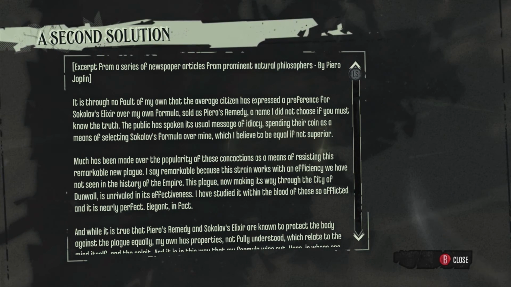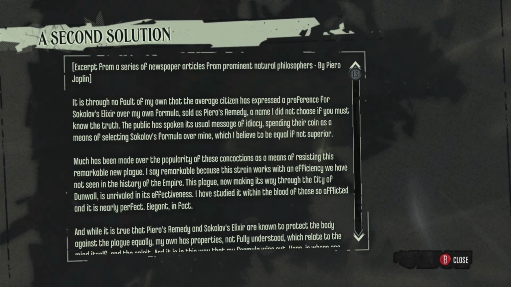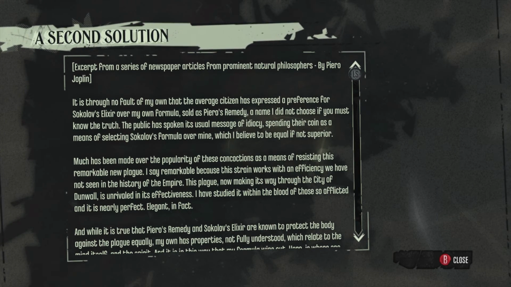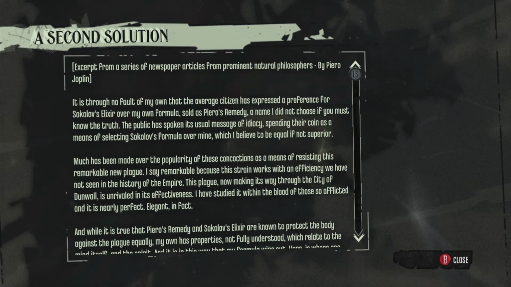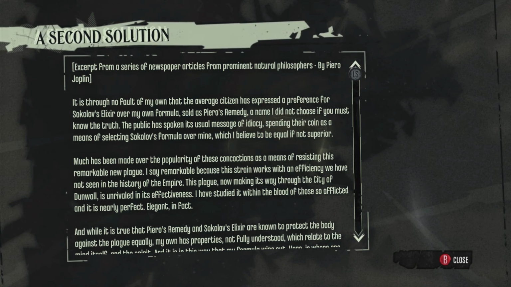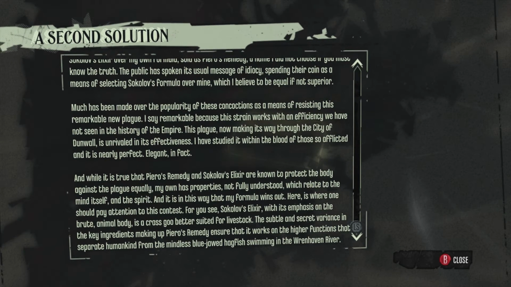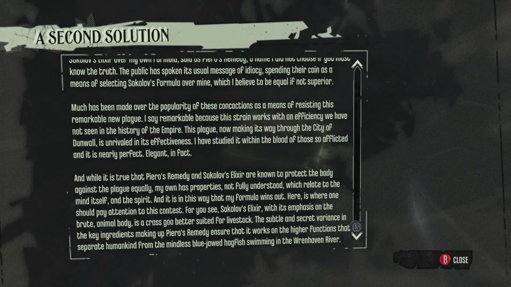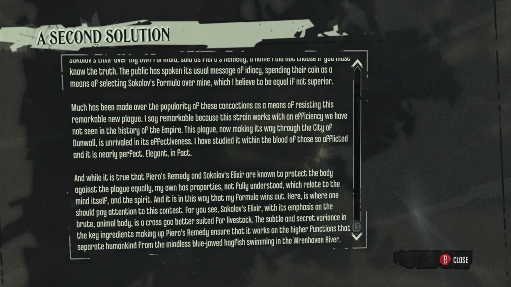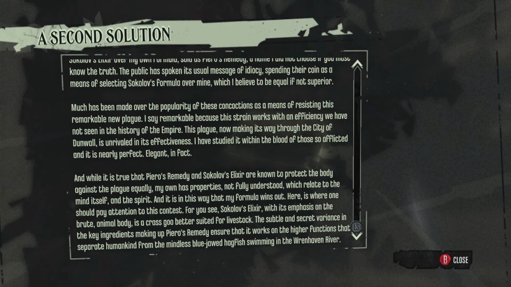This plague, now making its way through the city of Dunwall, is unrivaled in its effectiveness. I have studied it within the blood of those afflicted, and it is nearly perfect, elegant, in fact. And while it is true that Piero's remedy and Sokolov's elixir are known to protect the body against the plague equally, my own has properties not fully understood which relate to the mind itself and the spirit, and it is in this way that my formula wins out.